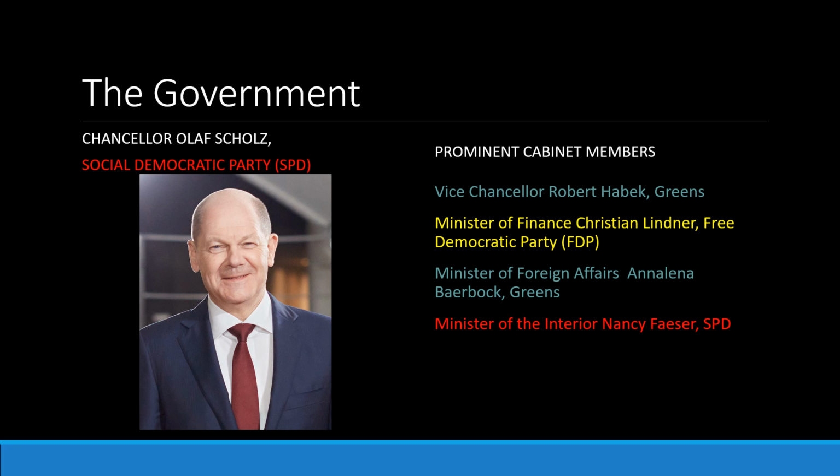So while the Social Democrats are the largest party, they don't control the whole cabinet. And in fact, the Green Party leader is the vice chancellor, and you can see that the Free Democrats, a pretty small party, control the Ministry of Finance, which is a very important position in the German cabinet. And so they get those positions in exchange for becoming part of the governing coalition.